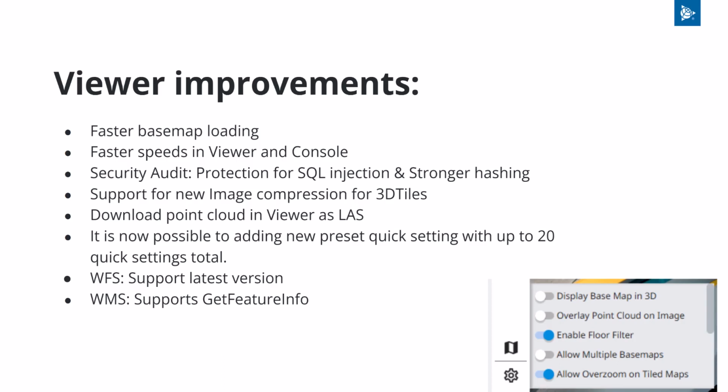Also, now the viewer has a quick settings menu. You can see the icon here, and in the past it was limited to just 2 items in this list. Today, up to 20 items can be added here.